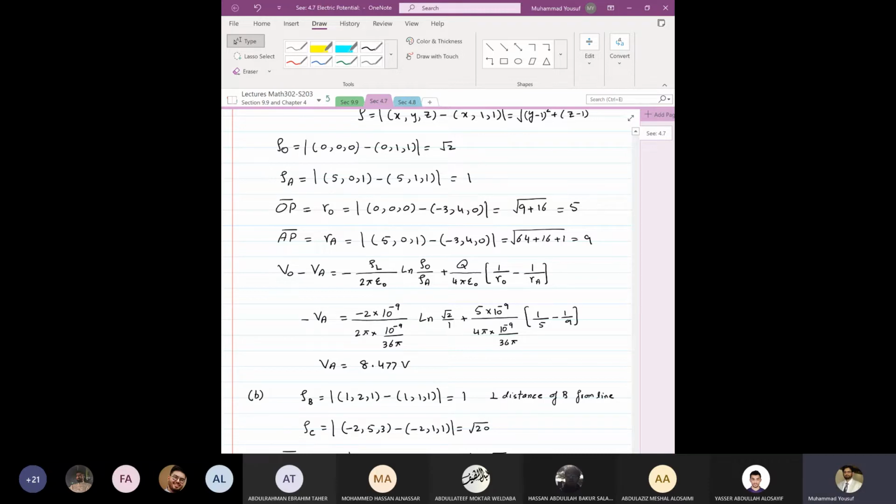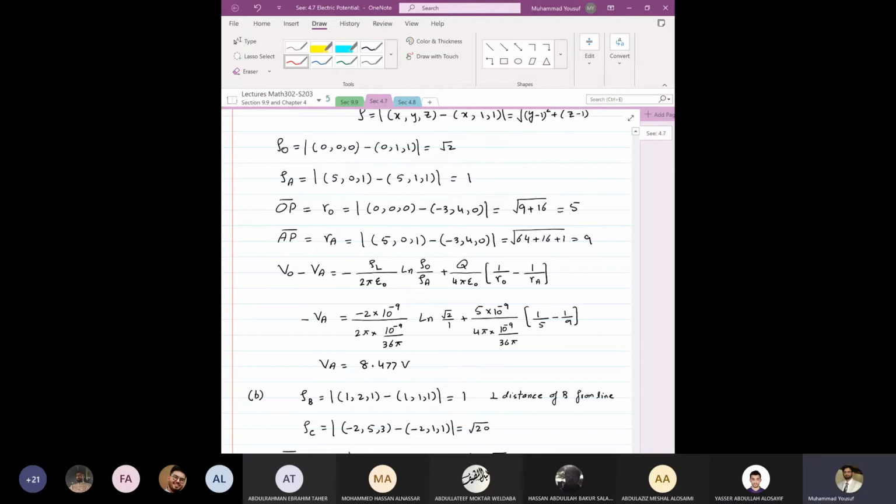So it is log of rho 0 minus log of rho A, which we write using the log formula as log of rho 0 over rho A, plus Q over 4 pi epsilon naught times 1 over R0 minus 1 over RA.